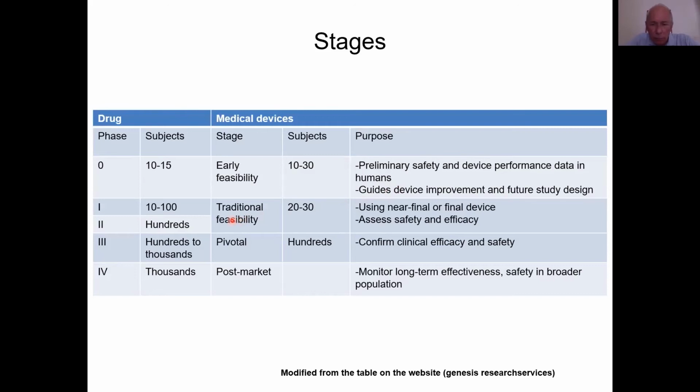The second stage is the traditional feasibility study with maybe 20 to 30 subjects using a near-final or final device to explore safety and efficacy. And then the pivotal trial is with a larger sample size, and it is intended to confirm clinical efficacy and safety, and as a result to get the FDA approval.